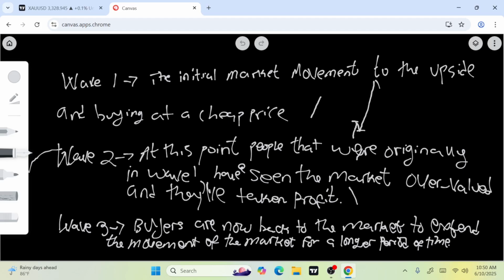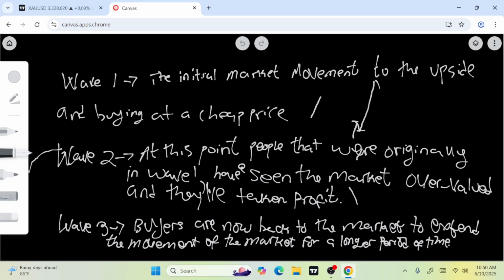And once wave three emerges, buyers are back in the market to extend the movement for a longer period of time, because now they are sure that the market really wants to trend up.